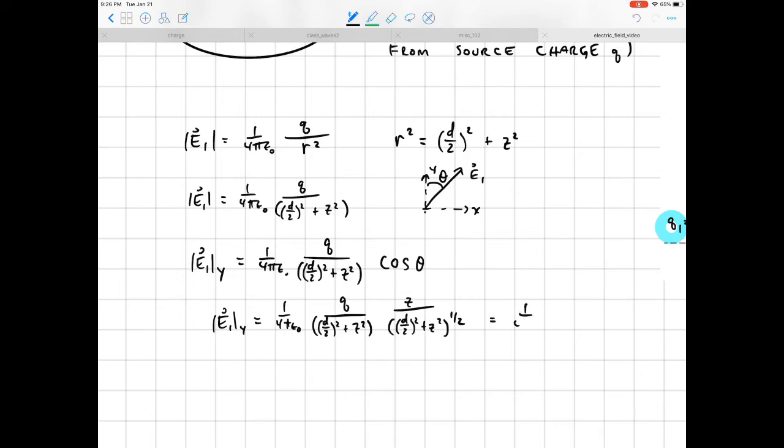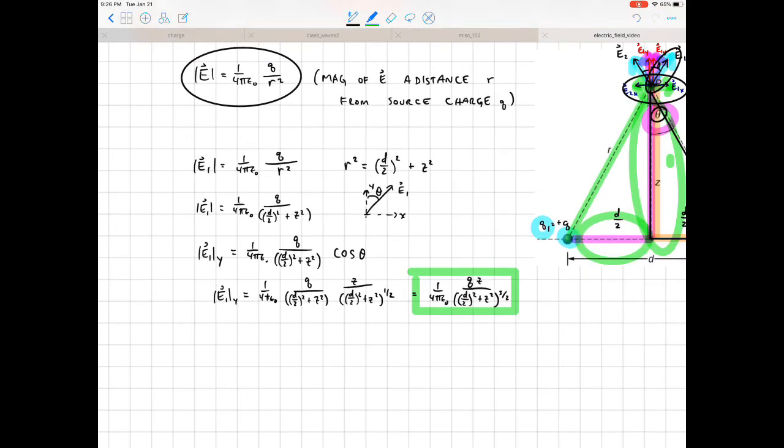And this simplifies to that expression. And so here is one of the vertical components. And so if we want to get both contributions, then we basically just need to multiply by 2.